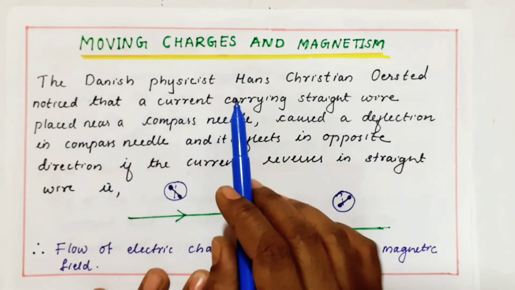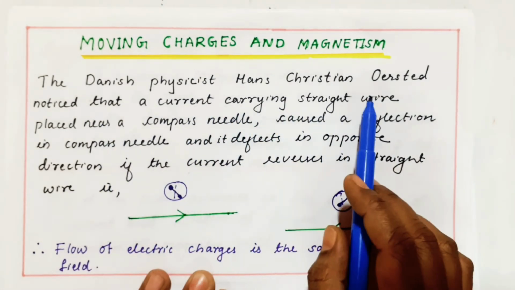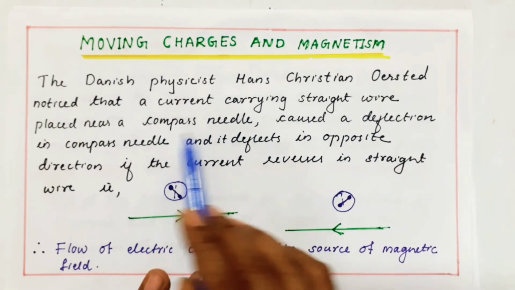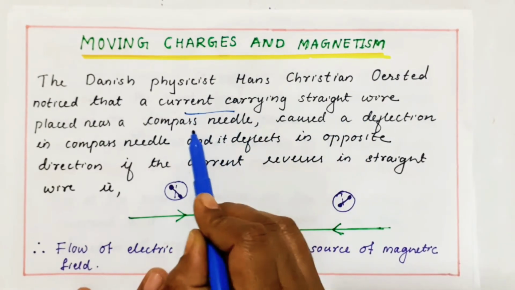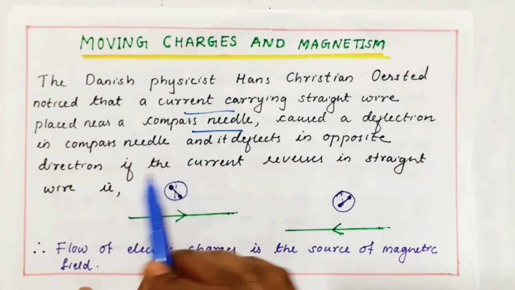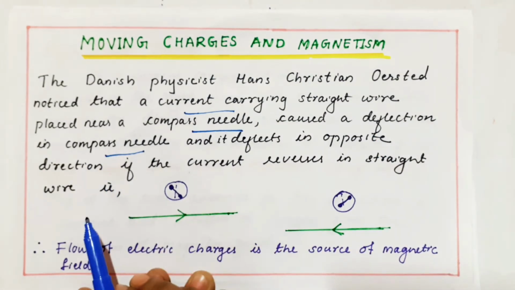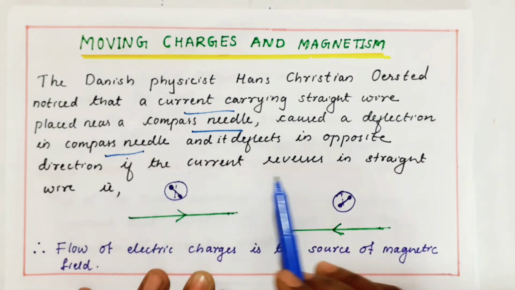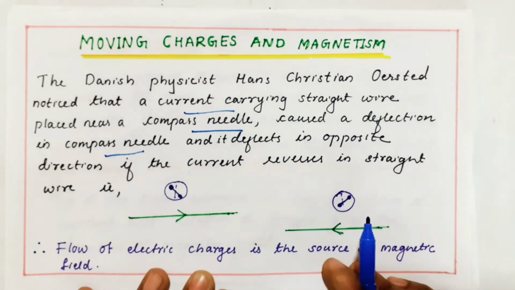The Danish physicist Hans Christian Ørsted noticed that a current carrying straight wire placed near a compass needle caused a deflection in the compass needle, and it deflects in the opposite direction if the current reverses in the straight wire.